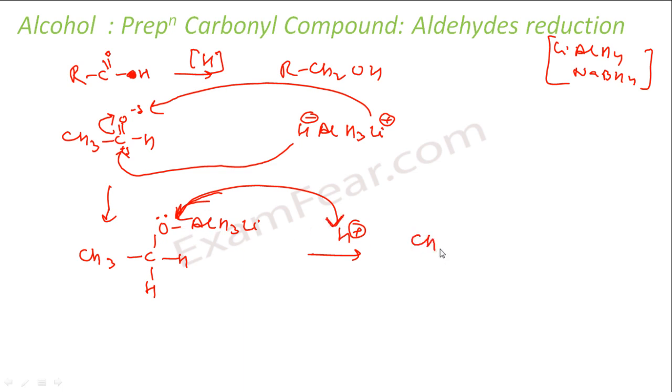So it will become CH3COH, H. Always show in the direction of movement of electrons. So the lone pair moves from here to H. Negative charge should come on H, but because of the positive it already had, it is neutralized. And this goes out with a positive charge, plus AlH3Li. Actually, this also breaks.